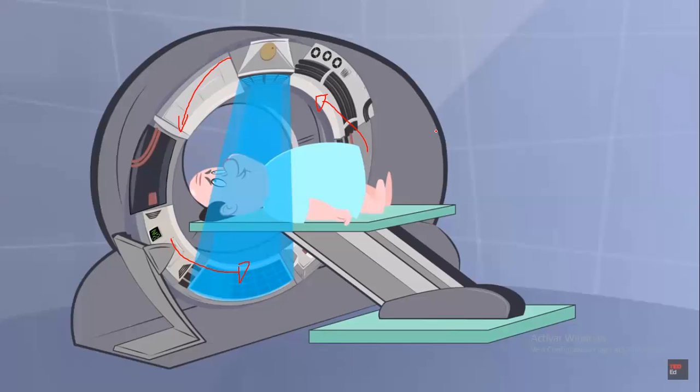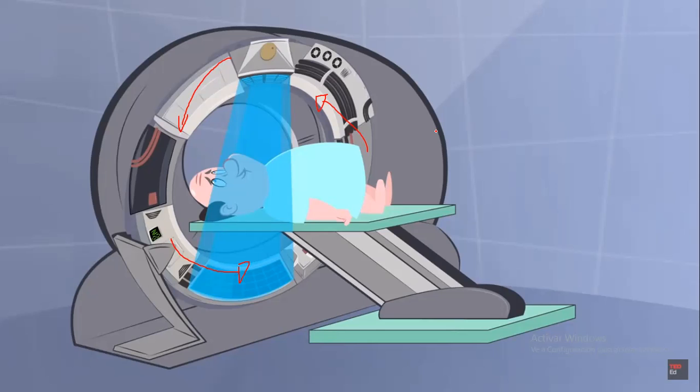For example, a CT has a range of around 7.8 to 8 of ionizing radiation dose, and a PA chest X-ray is related to 0.3, 0.4 of ionizing radiation dose.